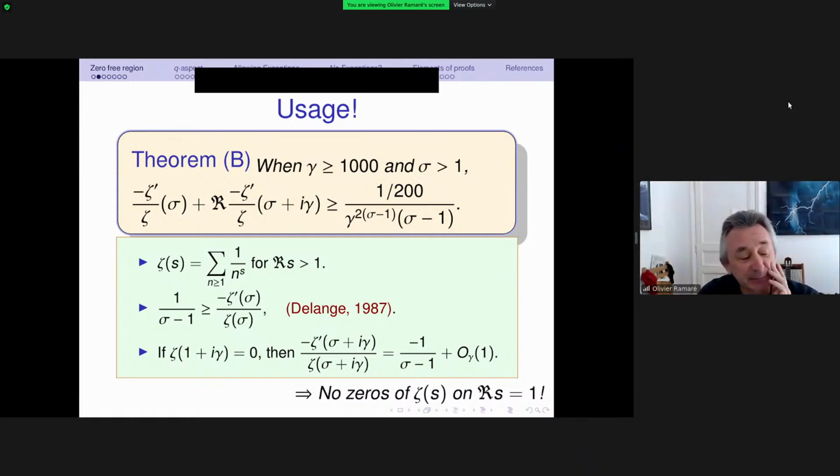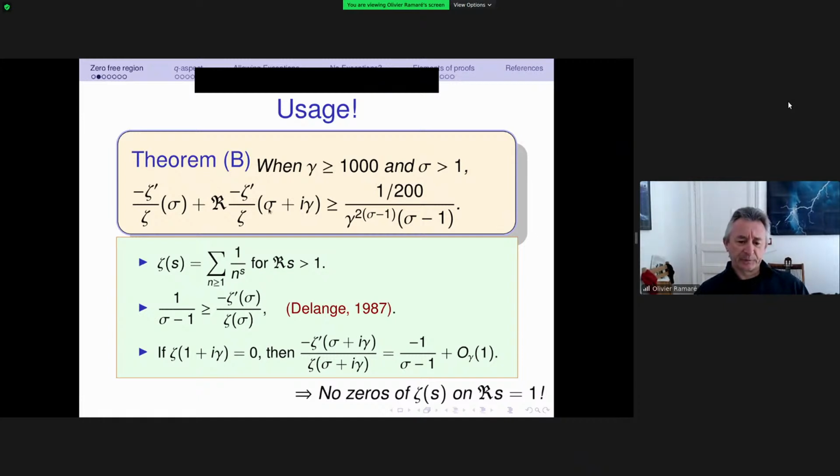Zeta has a simple pole at 1, the residue is 1, and minus zeta prime over zeta is essentially 1 over s minus 1 when sigma is close to 1. It can be made into an exact inequality that has been made in a nice manner by Delange in 87, with even some improved inequality.